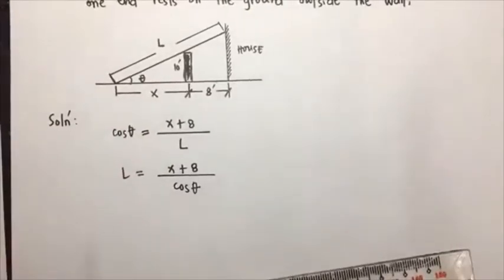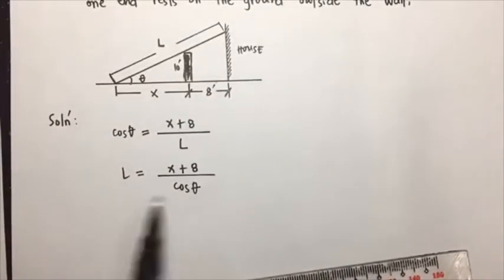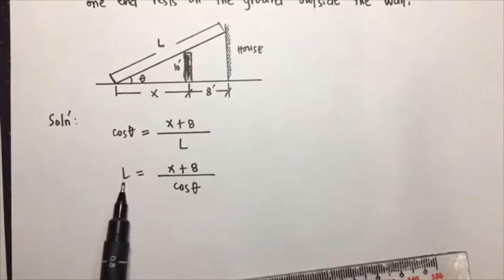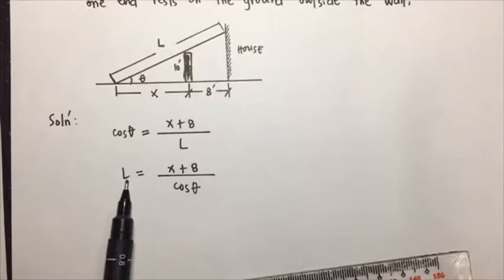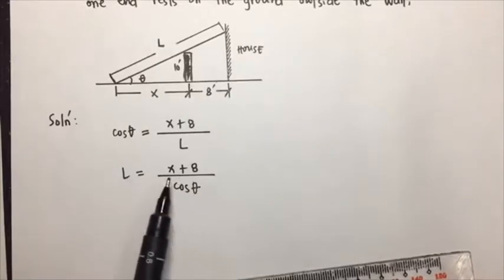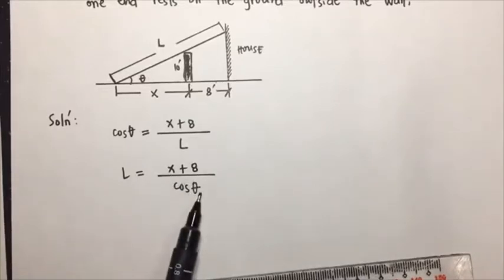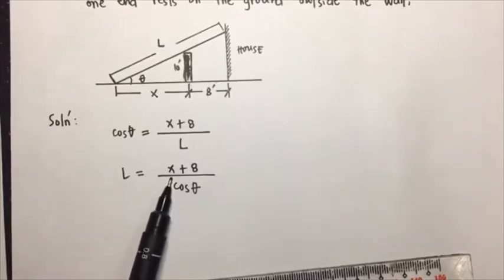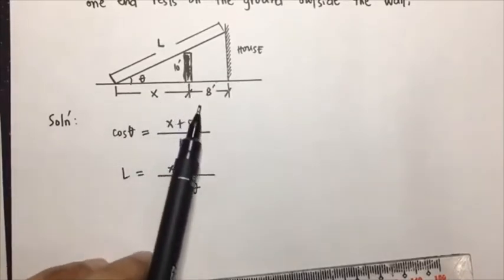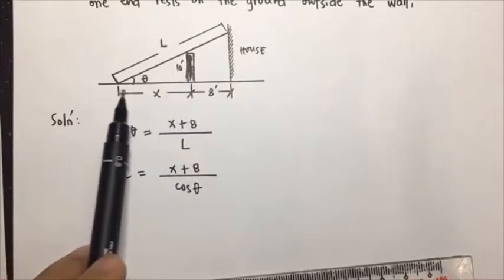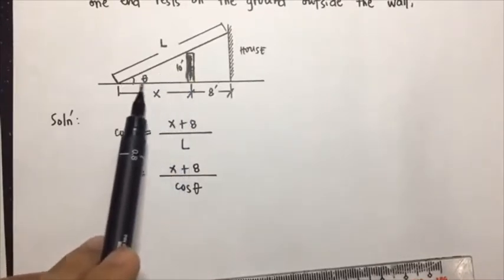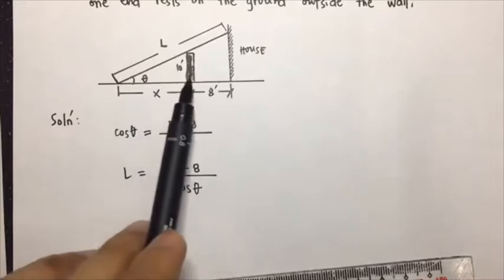Okay, so this is now our objective function, and we want to minimize L. But as you can see, our function is in terms of two variables, x and theta. We want to express this in terms of one variable only. Okay, so from the smaller triangle, we can also get a relationship using the trigonometric function.